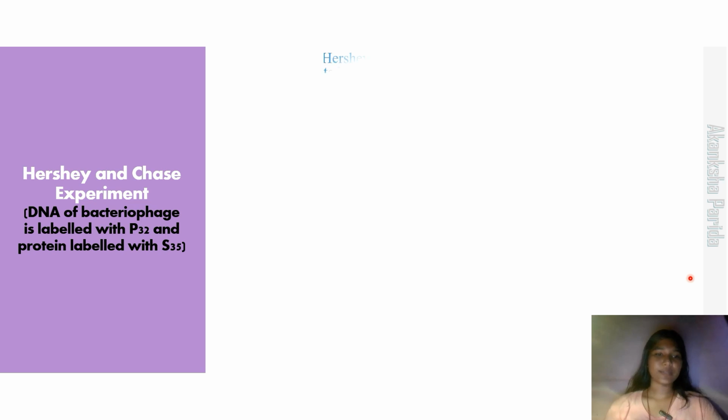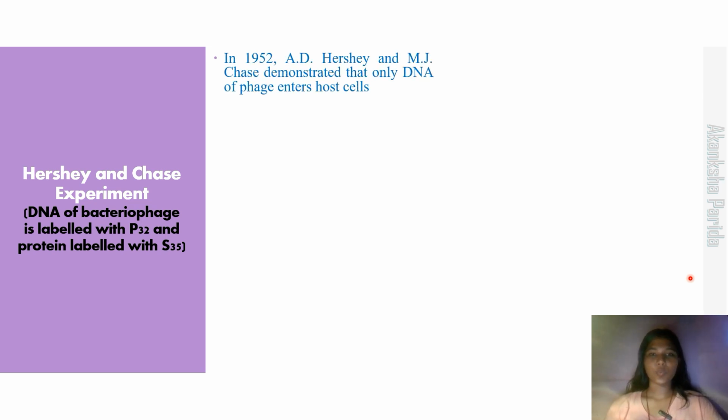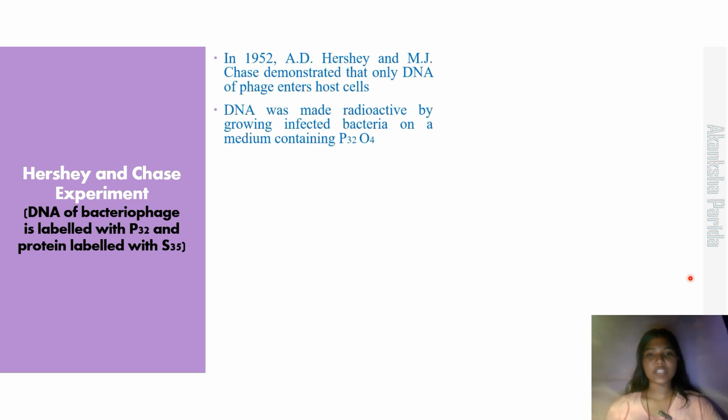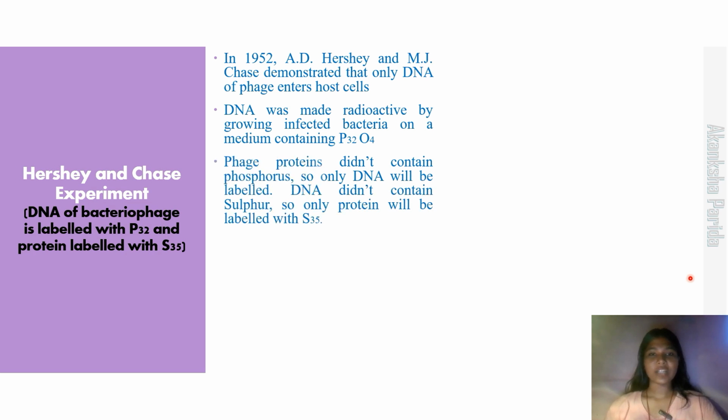Hershey and Chase experiment. It was conducted in 1952, and it was to demonstrate that DNA of phage enters the host cell. So DNA of bacteriophage is labeled with the 32 isotope of phosphorus, and protein was labeled with the 35 isotope of sulfur.